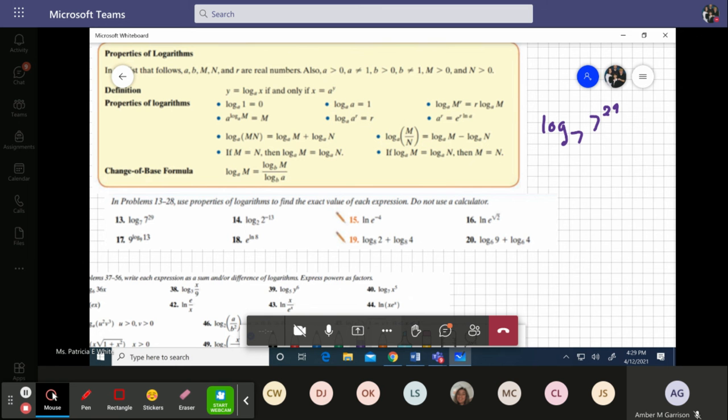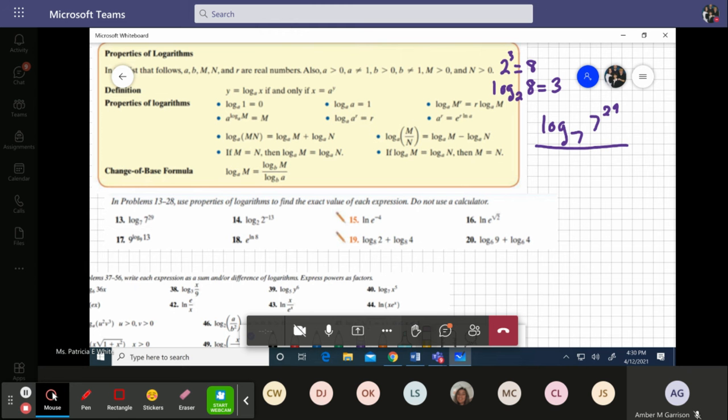If I have the same base, remember, how would this look? Let's say 2 to the third equals 8, right? And how would that look as a log? It would be log base 2 of 8 equals 3, right?